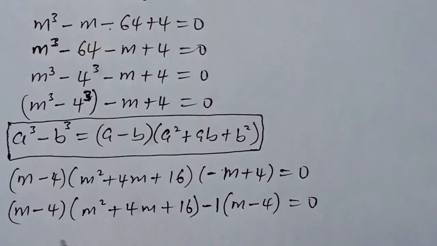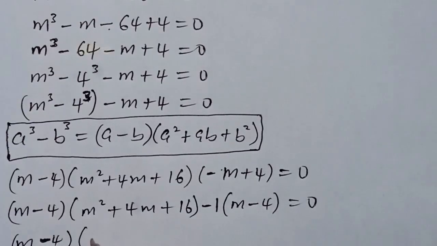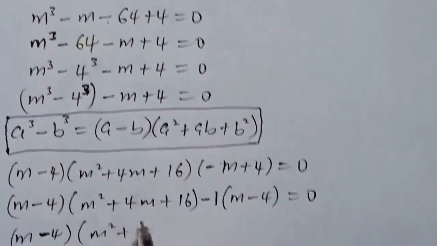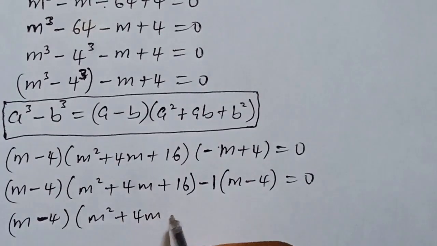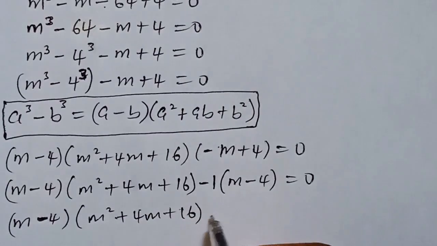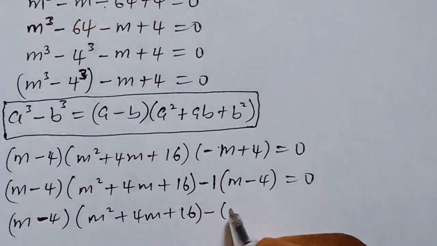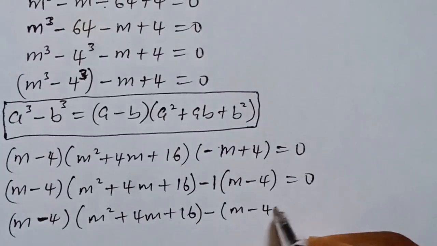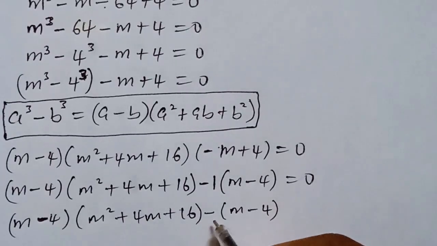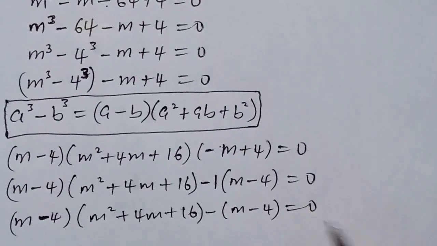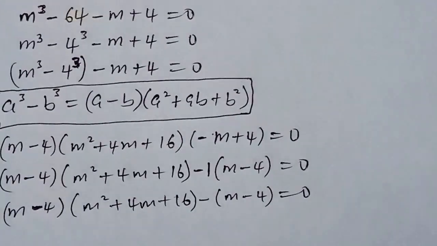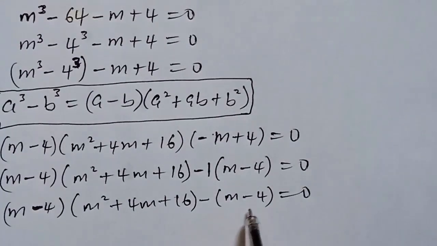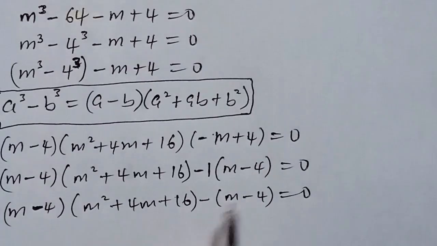So this can be written as M minus 4, then M squared plus 4M plus 16, then minus M into brackets minus 4 equal to 0.